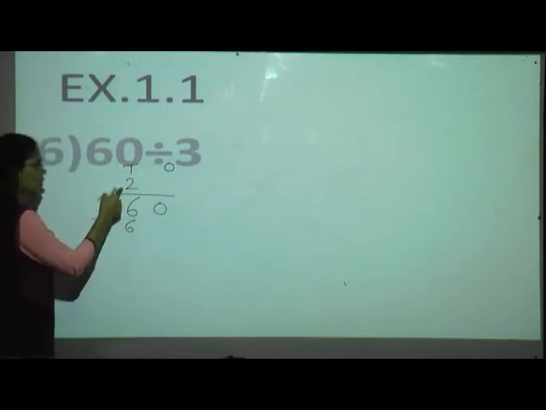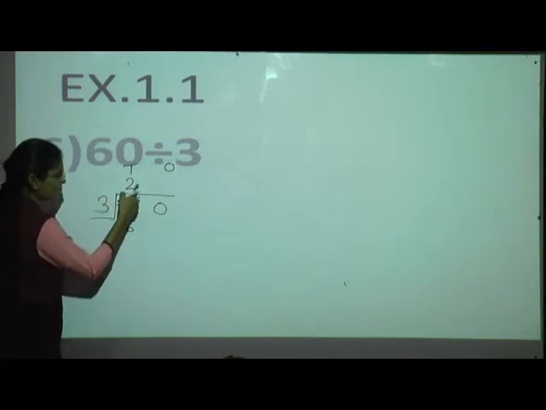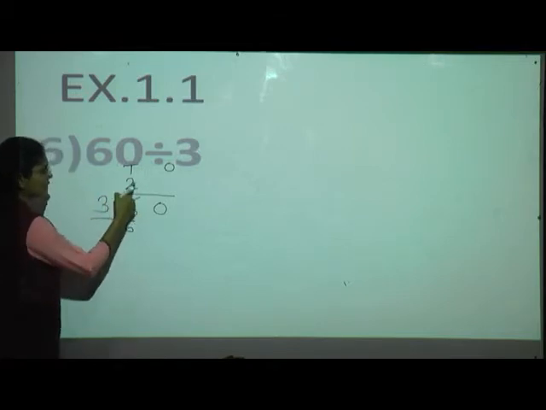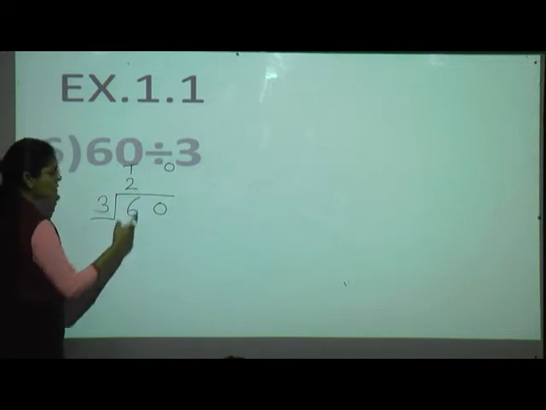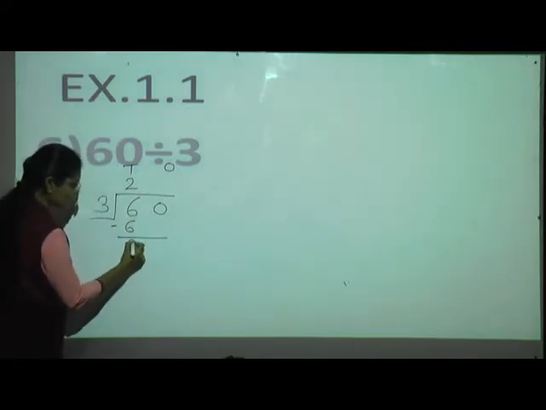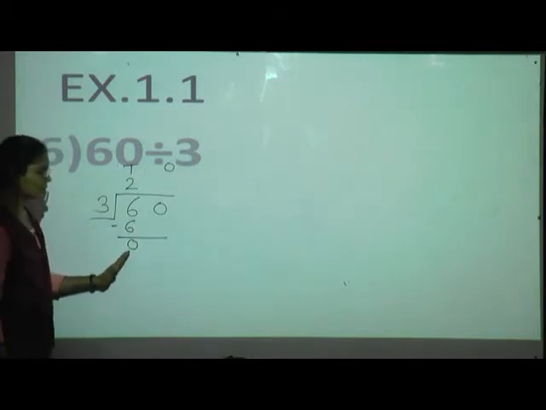We should write 2 at the tens place in the quotient part, and below 6 we have to write 6. Then we have to do 6 minus 6. Tell me, 6 minus 6 is 0. This is the first step.